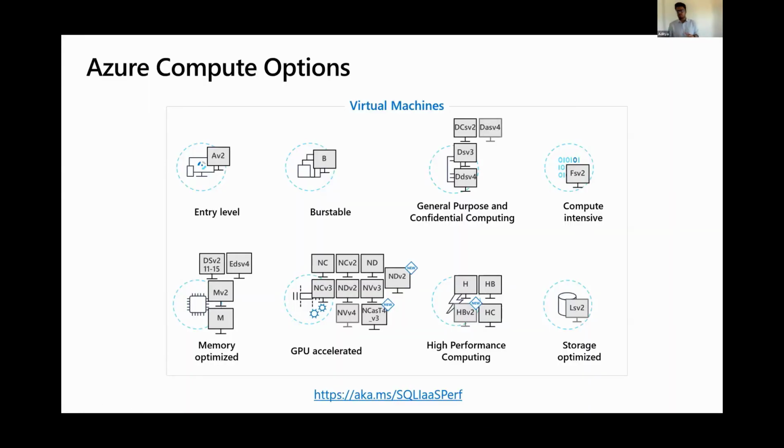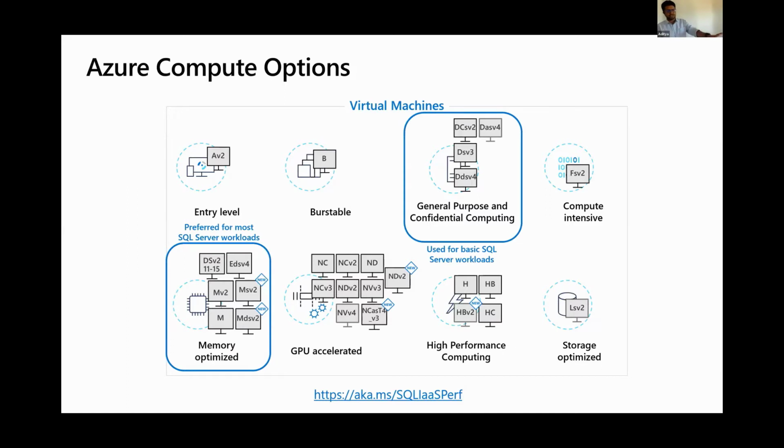So to start with, the first thing that you need is compute, right? For that, Azure has multiple options. You have memory optimized, and we released new versions, MSV2 and MDSV2. You have the general purpose and confidential computing virtual machines. You have storage optimized virtual machines.